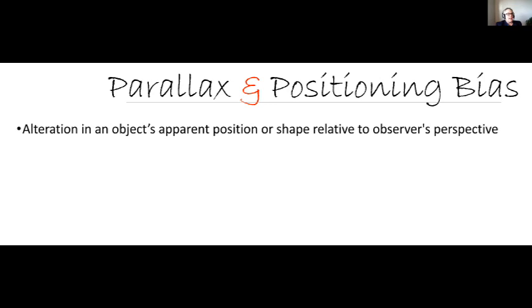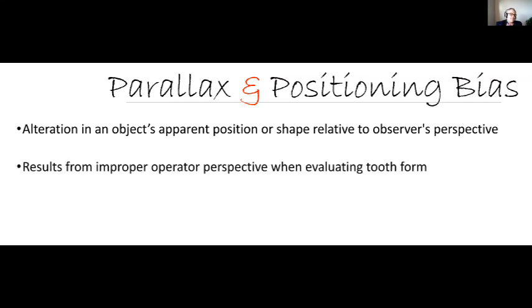So what is a parallax? A parallax is just an alteration in an object's apparent position or shape relative to where the observer is looking at it, the observer's perspective. And this happens from an improper operator perspective when you're doing your evaluation.